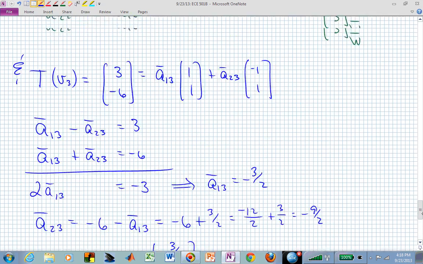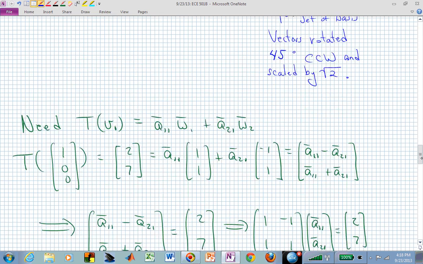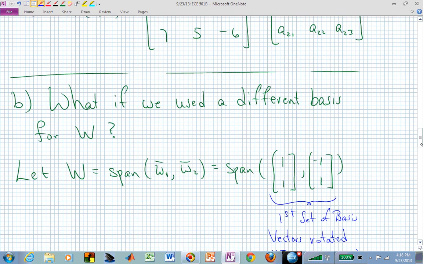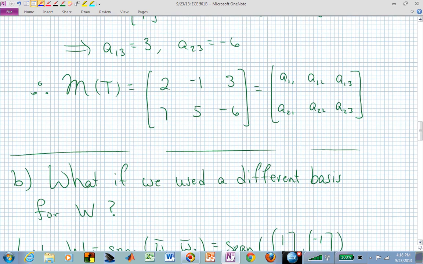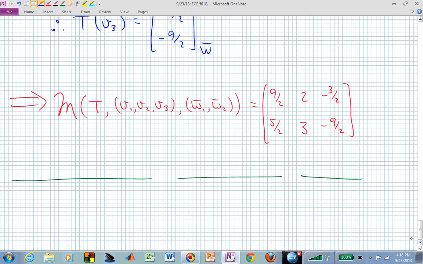And that can be compared with this. And you can see that the numbers are quite different between this map in the standard basis for input and output and this second map where the change has been we now have a different set of basis vectors for the output map.